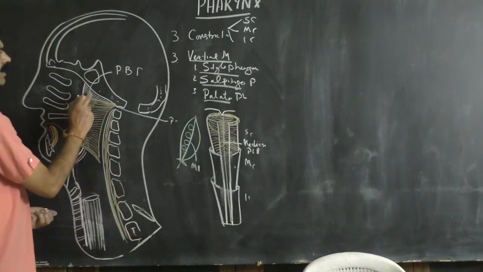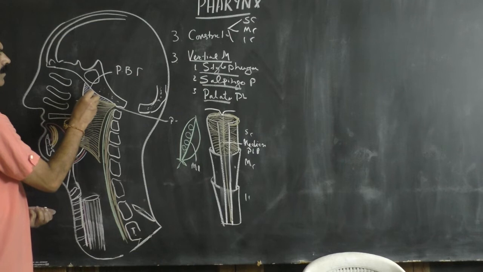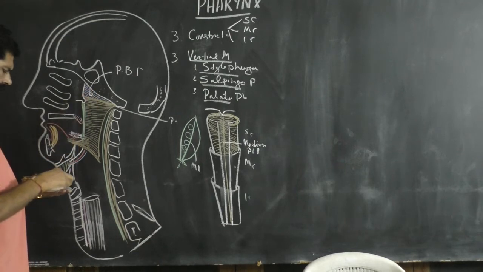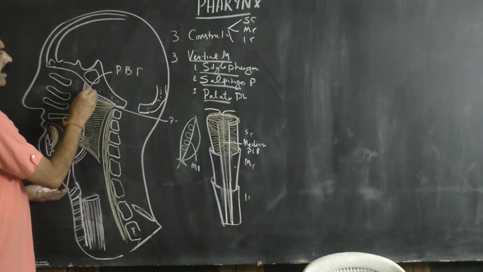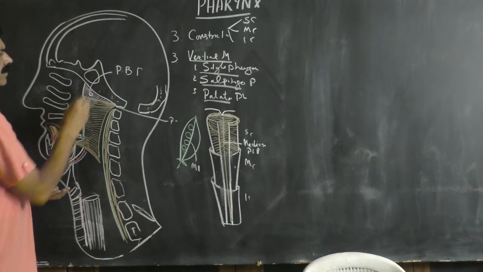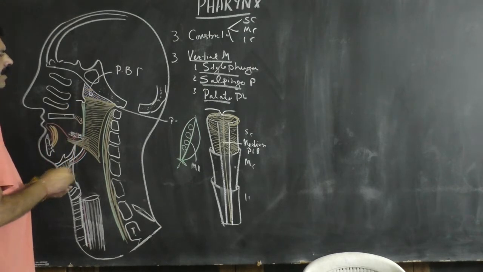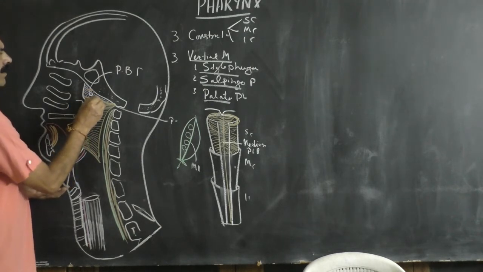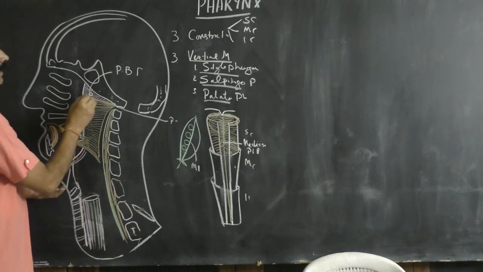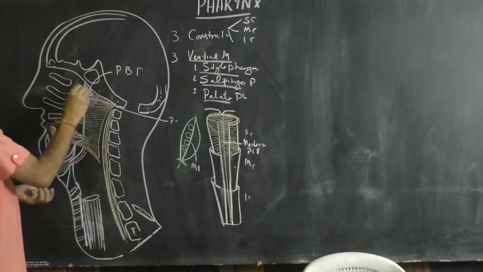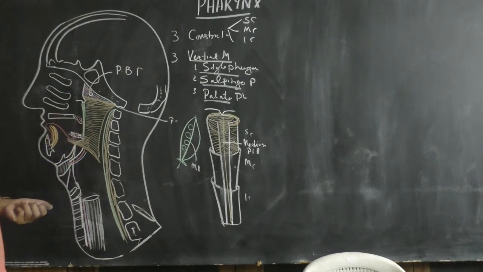Number one is the eustachian tube, and one muscle, the levator palati muscle, and two arteries, the greater palatal branch of the facial artery and the palatal branch of the ascending pharyngeal artery. Four structures pierce the pharyngobasilar fascia.